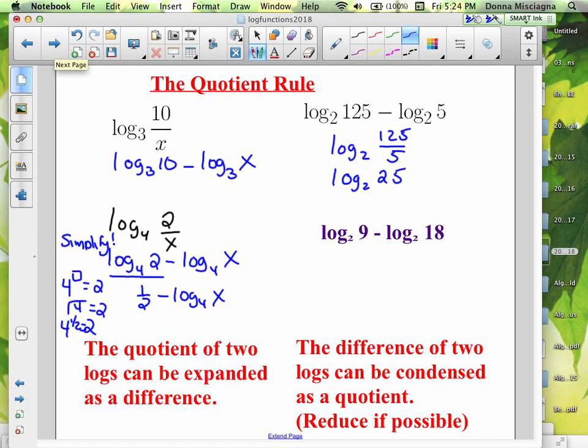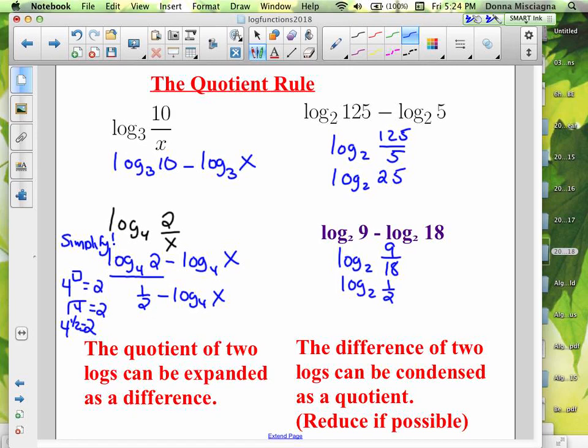We're really going to make the next one simpler. So log base 2 of 9 minus log base 2 of 18. We can rewrite that as a single log. So that's going to be log base 2 of 9 divided by 18, because the difference of two logs is equal to the log of a quotient. Well, I can reduce that. That's just 1/2. So now I've got log base 2 of 1/2.